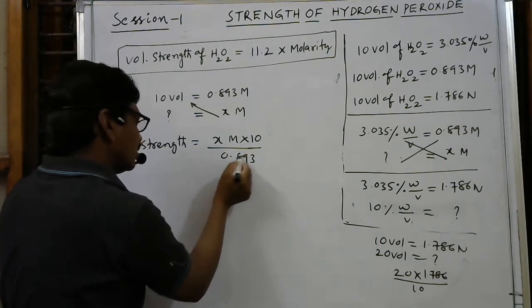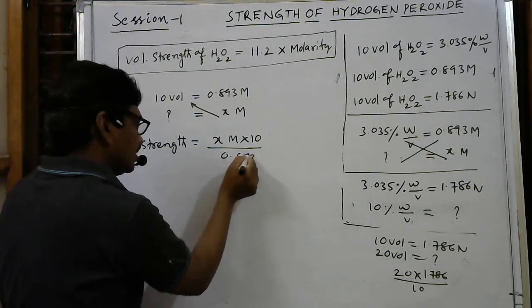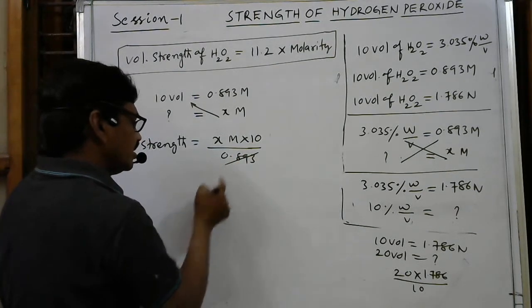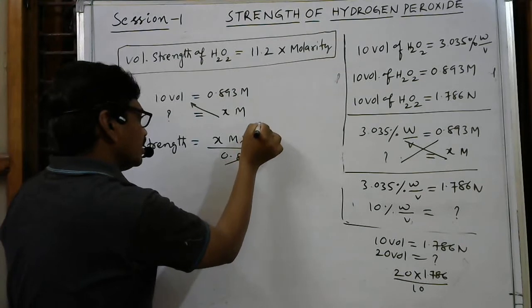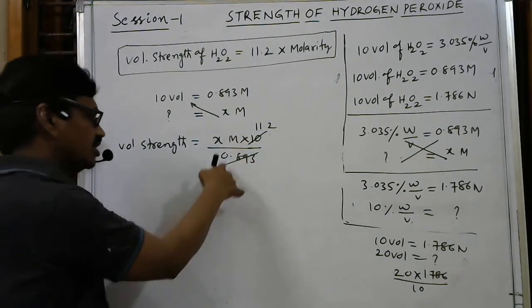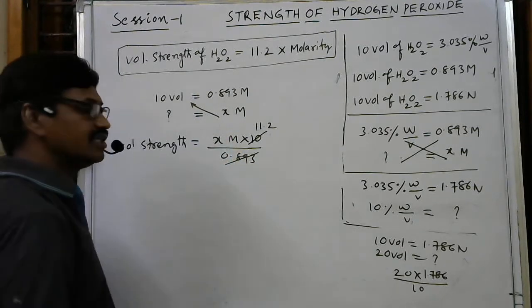If you do the calculation, 10 by 0.893 is nothing but exactly 11.2.